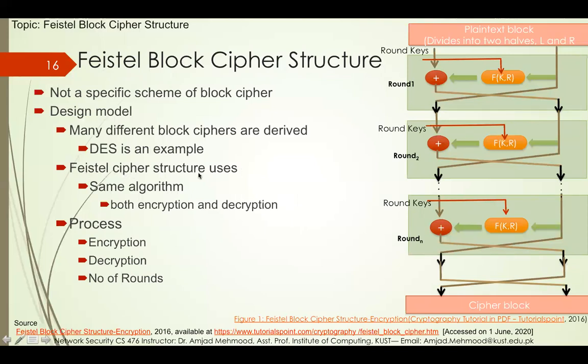A Feistel block structure uses the same algorithm for both encryption and decryption. As we will be studying DES in our next class, DES uses the same algorithm for encryption and decryption. These are the processes involved in the Feistel block structure: the encryption process, the decryption process, and the number of rounds.